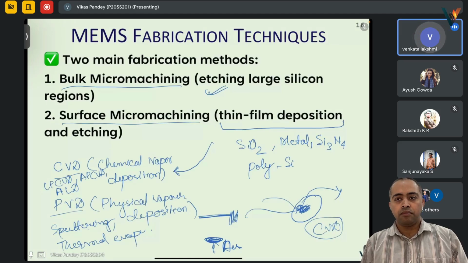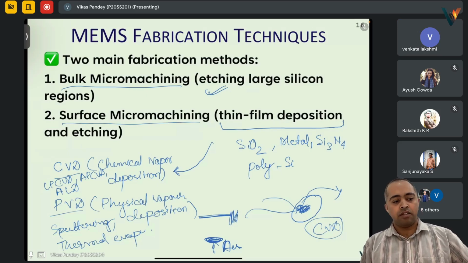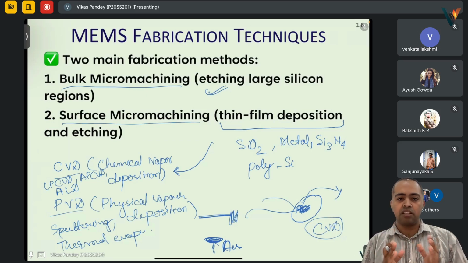Sir, at the end of the class, I want to watch a video related to the etching process. Okay, etching process, that also you will get there, if you see my channel. In the previous semester I took one course, and before that there is another course. In all these courses, etching and all these techniques are discussed in detail, since they are semiconductor fabrication techniques.